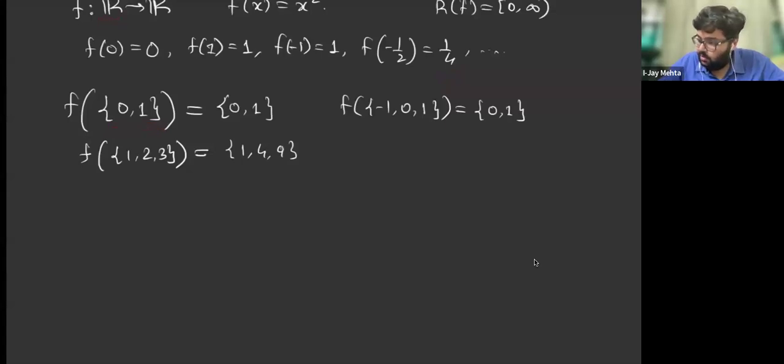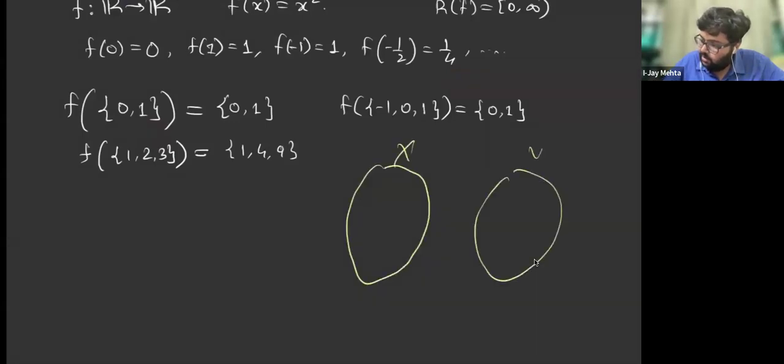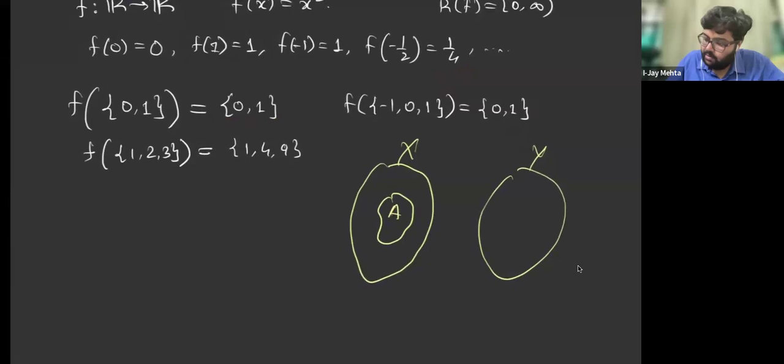So that means if I have X and Y and I have a subset A here, what will be f of A? You are already guessing. You have some idea. You are giving me a set, right? So what will be f of A? This is my question.